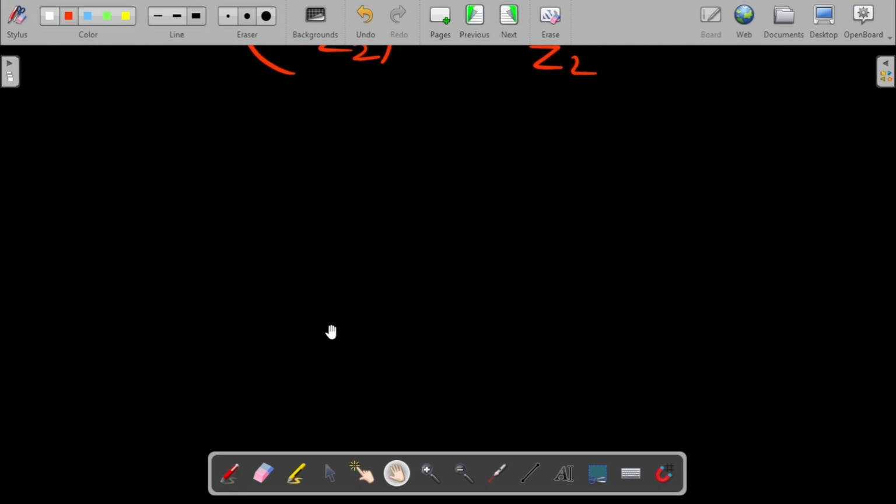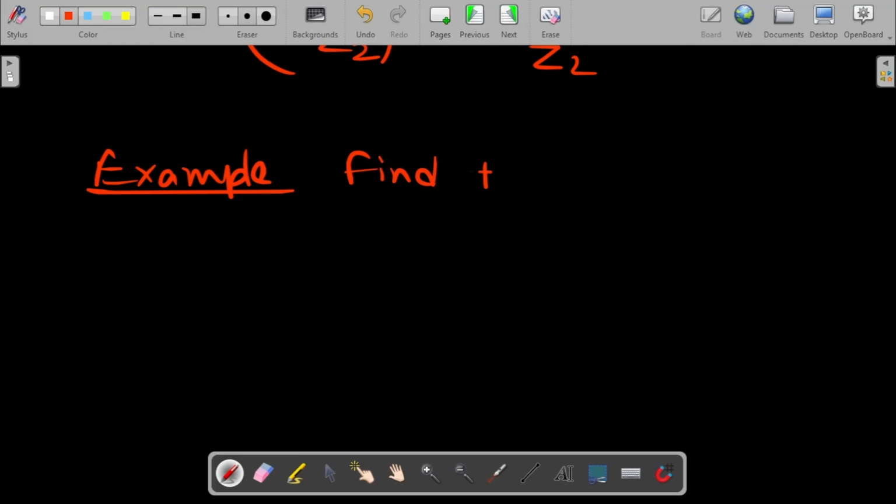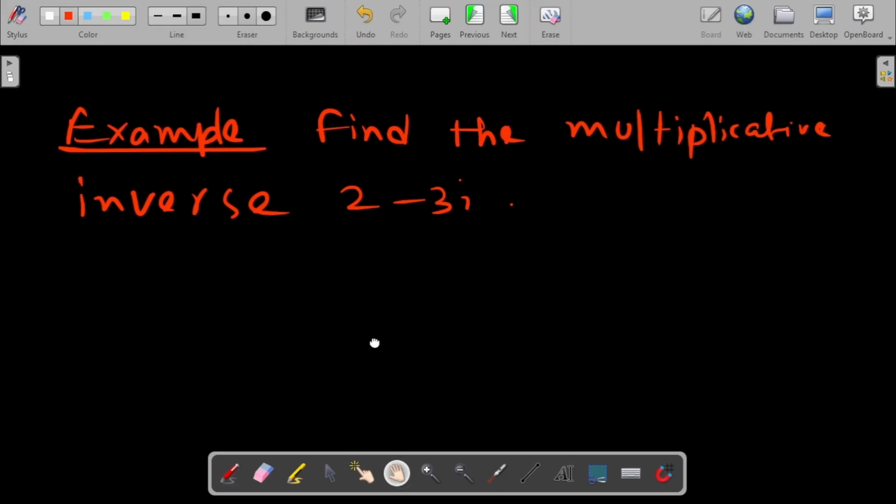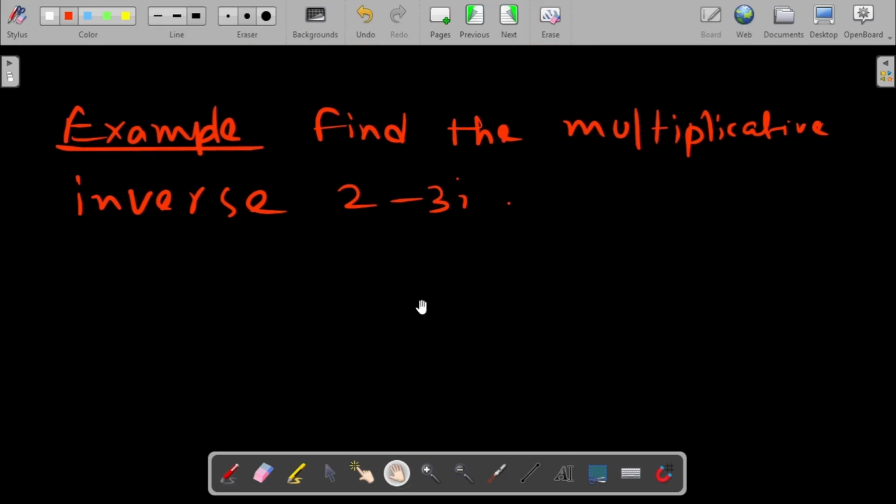Now we solve one example: find the multiplicative inverse of 2 minus 3i. We can find the multiplicative inverse directly by using the formula a divided by a square plus b square, plus or minus b divided by a square plus b square.